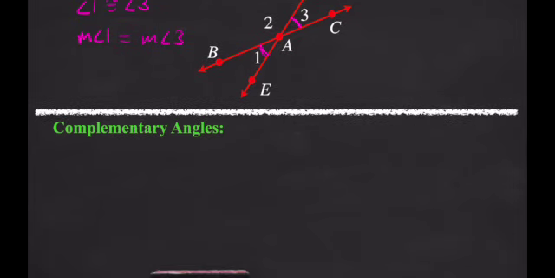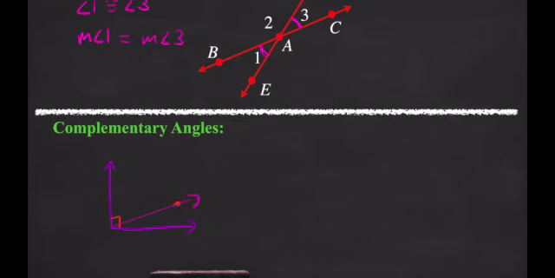Complementary angles, some more special angles. Complementary, we have 2 angles whose sum is equal to 90 degrees. So let's go with this ray right here and this ray right here. Let's say we know that this is 90 degrees. And let's make another ray that goes over here.